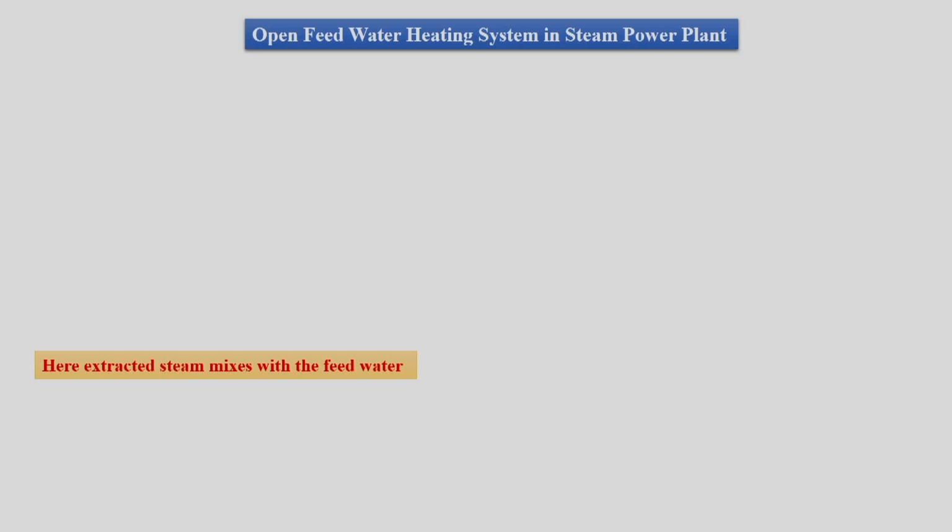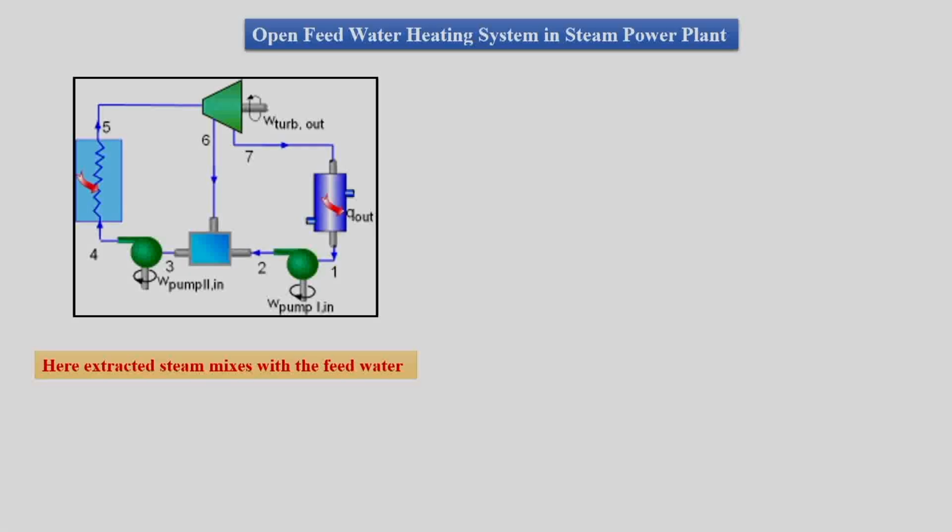One way is, here we can mix the extracted steam directly into the water, and the process would be executed in this way. We will have process 1 to 2 in the pump, then after pumping in the process 1 to 2 we will have pumped water coming into one chamber. We call it the feed water heater.